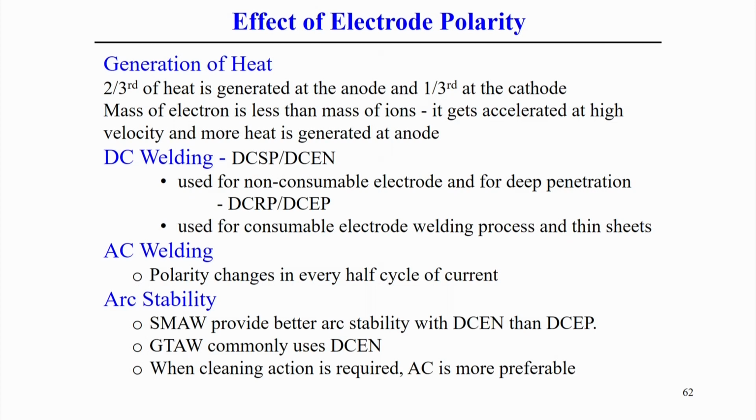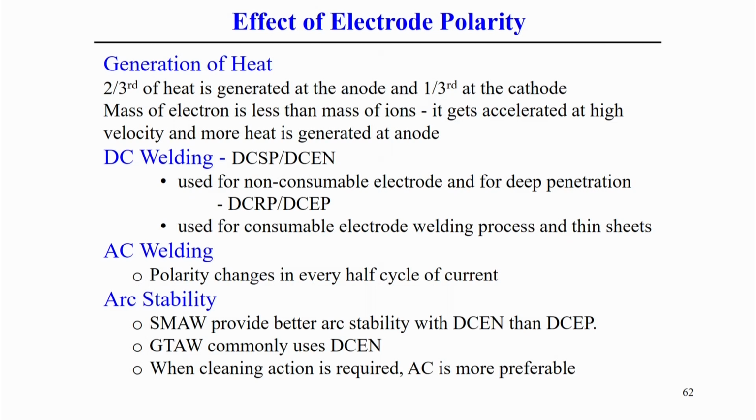In the other way, reverse polarity, or direct current electrode positive, can be used with a consumable electrode, because in this polarity the maximum amount of heat is generated in the electrode, not in the workpiece. When using a consumable electrode, the intention is to melt the electrode material, and that is the main requirement.